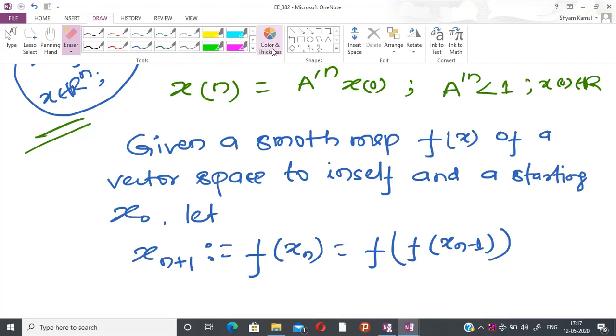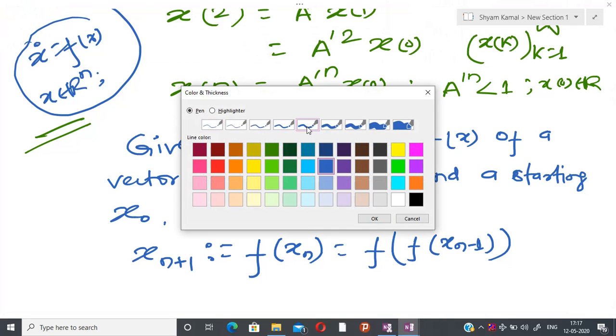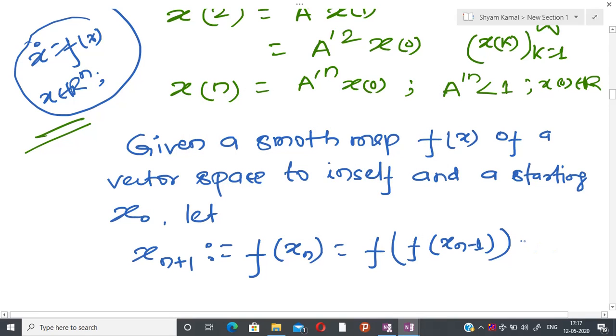So the generalization is like this. Lastly I have f to the power n plus 1 of x0, and here I am assuming n equal to 1 up to infinity.